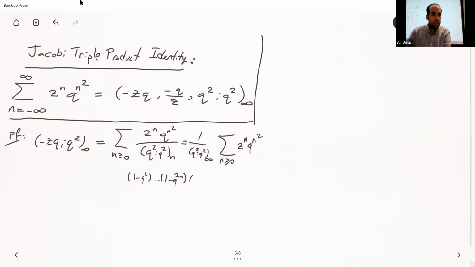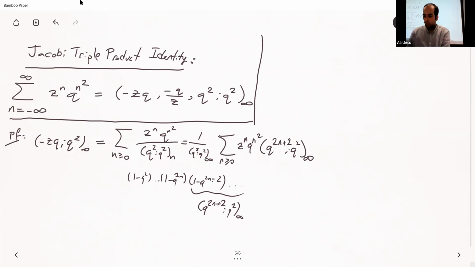So I must have multiplied everything from 1 minus q^(2n+2) on to infinity, right? That is the factor I multiplied with, which was (q^(2n+2); q^2)_infinity. So I must have multiplied the bottom with this. To keep everything fair, I need to multiply the top with that. Logically, nothing really super hard.